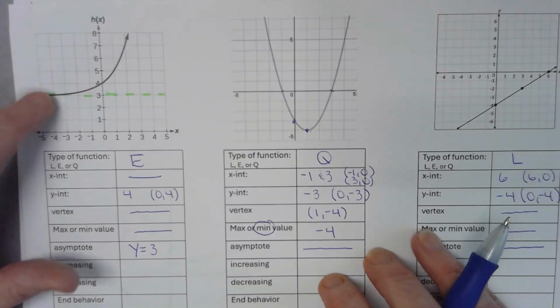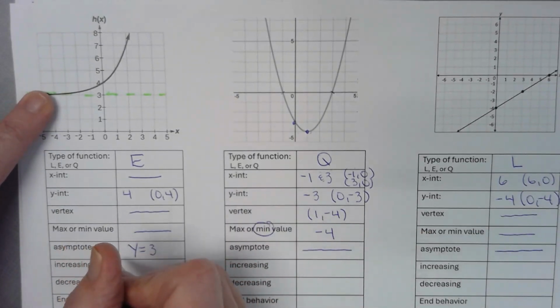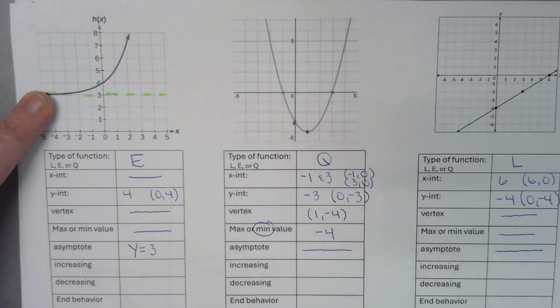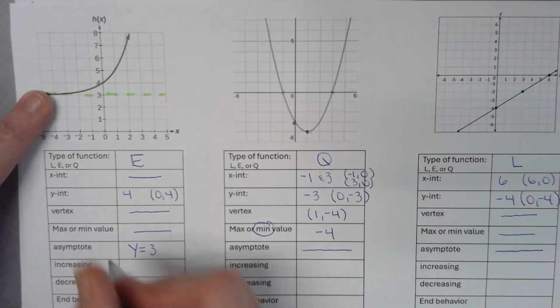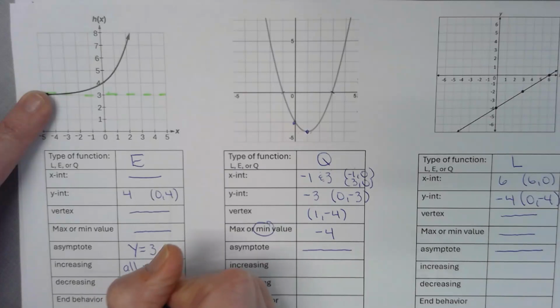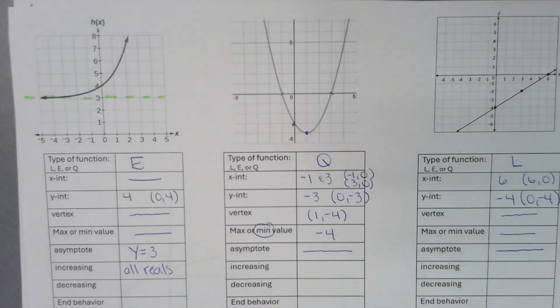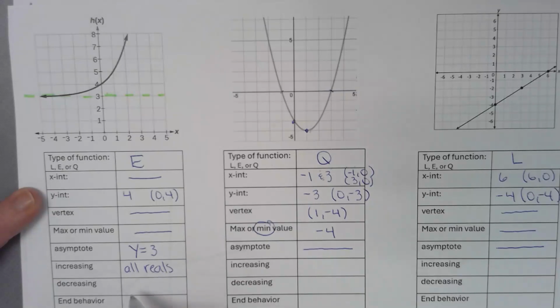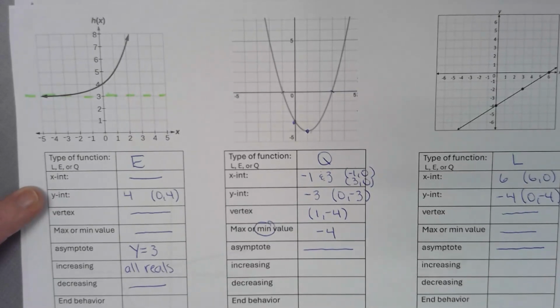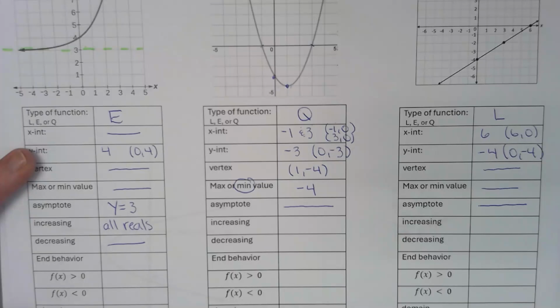Okay, increasing and decreasing. This particular exponential function is increasing everywhere, so all the x values are represented. So this would be all reals is the way you would see that written, because it's every x value from negative infinity to positive infinity. It is not decreasing at all, so there is no spot where it's decreasing.